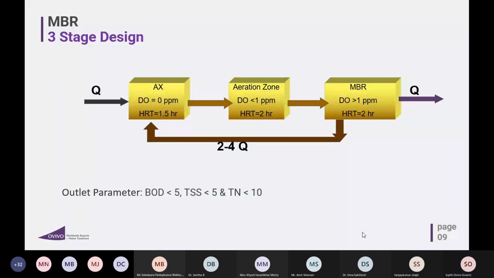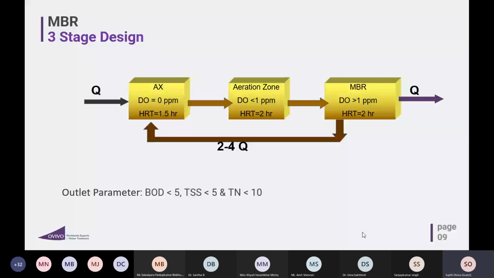Nowadays, people are going for this design because of the new guidelines issued by National Green Tribunal, right? They need the treated outlet parameter to be BOD 10, TSS 10, total nitrogen 10, and total phosphorus 10. Here we are getting ultimate water quality. Though you are targeting 10, you are getting 5 here because of the MBR.